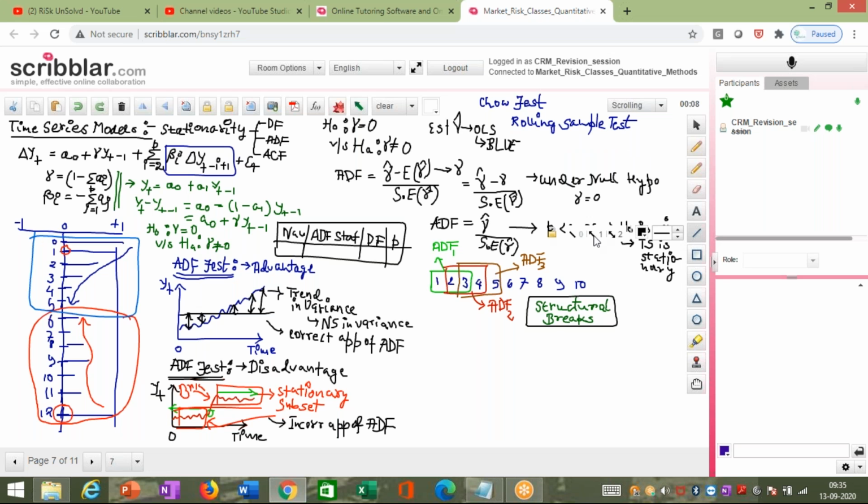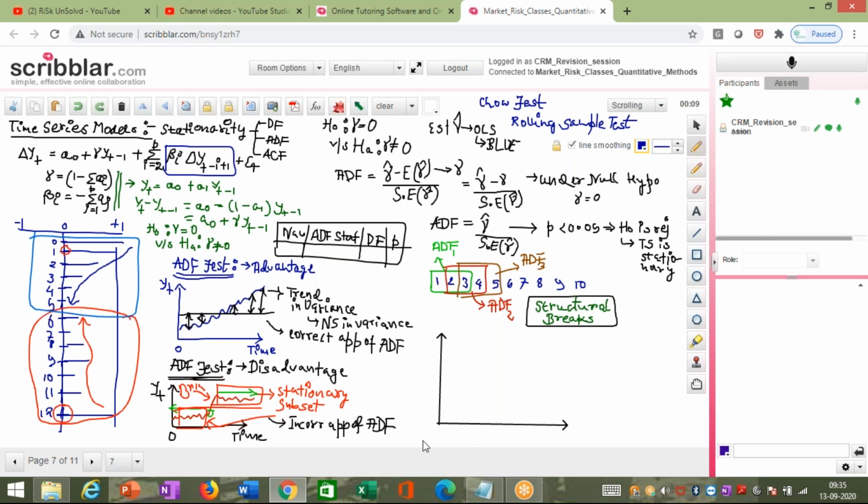So first, let's construct a structural break for this discussion. We had drawn a very rough sketch of structural breaks, but let's look into it in a more detailed manner, because from here we will be able to identify the limitations of ADF in identifying these breaks.